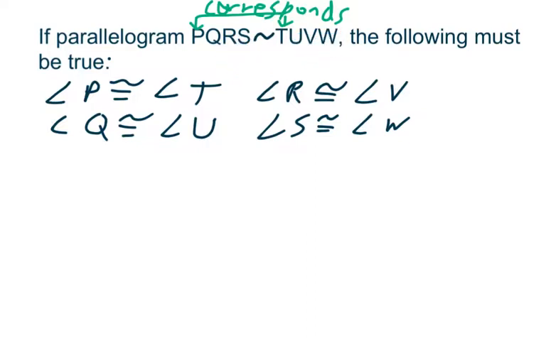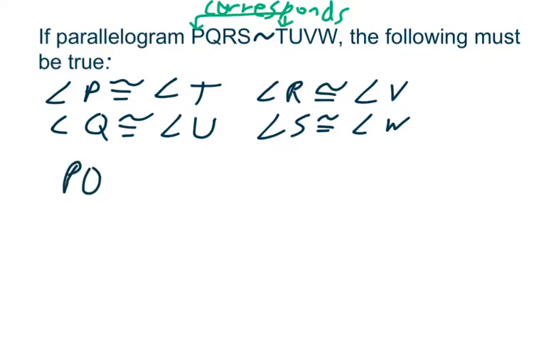Alright, now let's talk about the sides. For the sides, it works the same exact way, except now we have two letters represented by a segment. So for instance, PQ, that's my first and my second, correspond to TU. And I write the sides with a line over top of them.